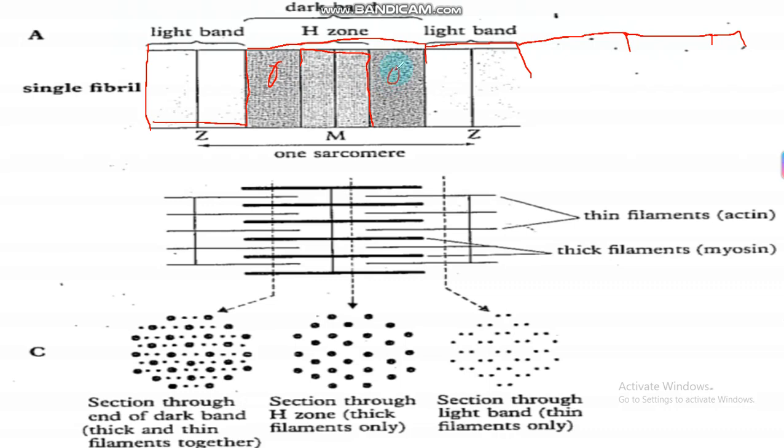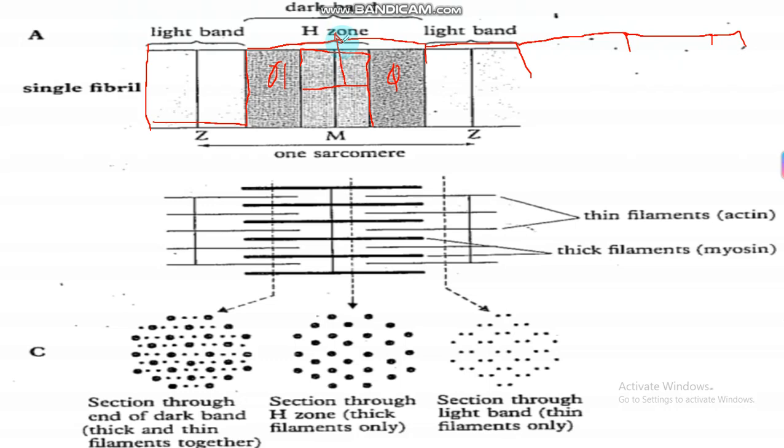No. This part and this part are looking darker than this middle part. So this middle part, we are calling it the H zone. The H zone is lighter than the other regions of the dark band.